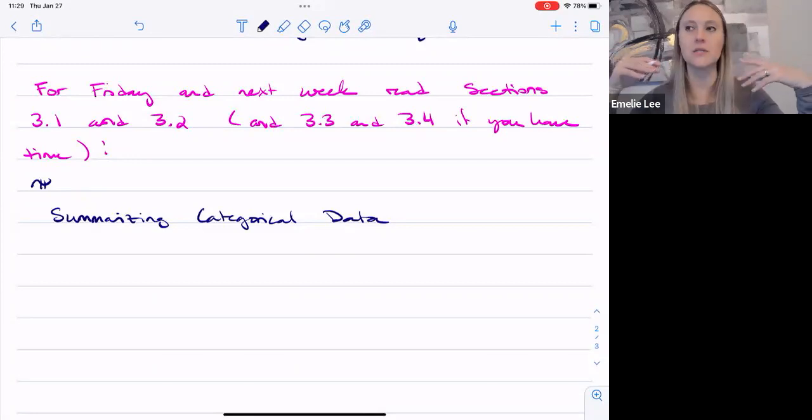Whereas with categorical data, if you think about what a categorical variable is, it's a variable where each observation can be put into a category. There's really not a lot that we can do there. We can count how many things are in each category from a data set, and that's pretty much it.